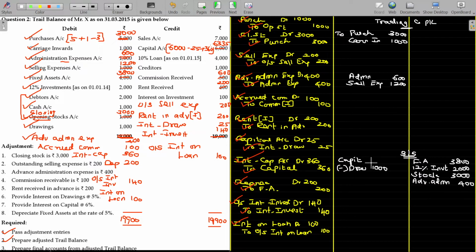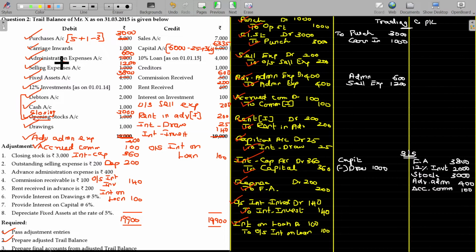Accrued income, where will it go? Also a representative personal account; being on the debit side, it will be an asset only. So accrued commission, the value being 100.